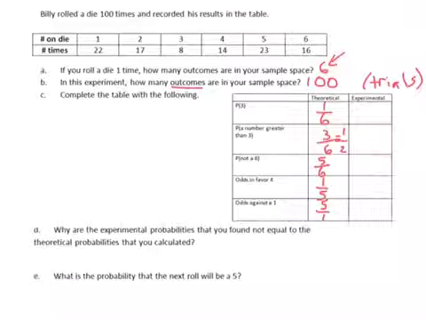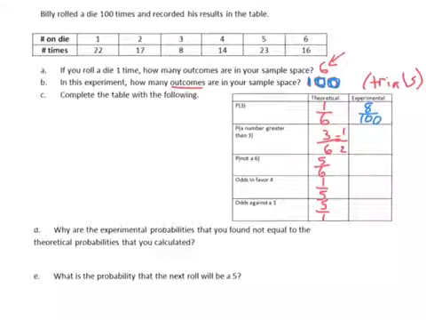Now let's check our experimental probabilities. I'm going to change this to blue. You can focus on the blue as being our experimental here. All right. The probability of getting a 3 based on our experimental results. Well, Billy got 8 3s. So 8 out of 100 were 3s.